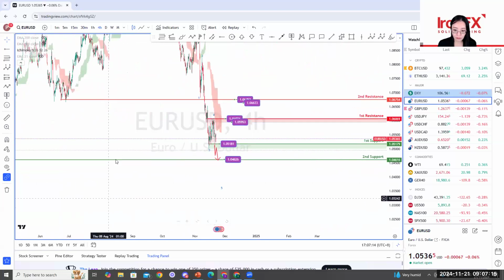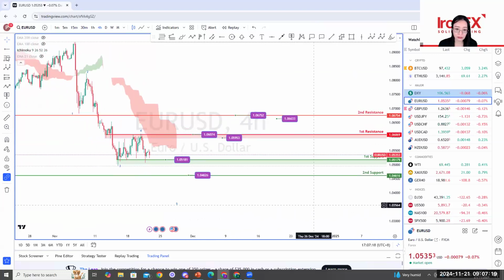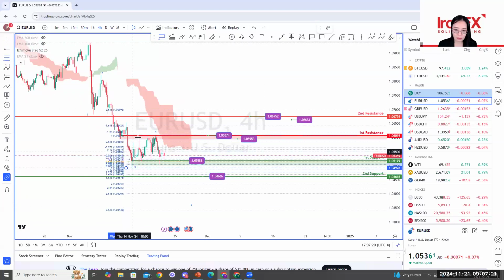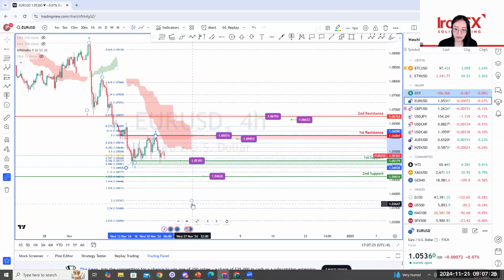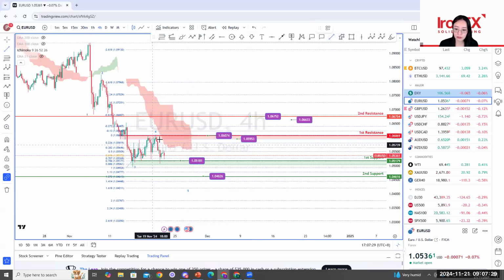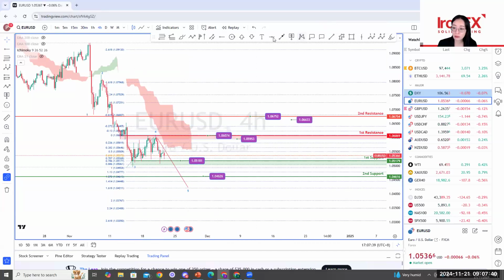If you want to use the extension for the target, you will see that you could aim for 161.8, which is here. But because we're going to have high impact news, you guys need to take note of that, which is this price.